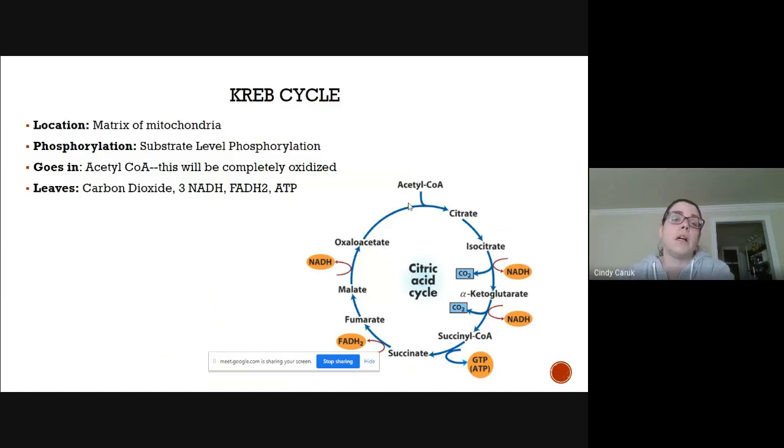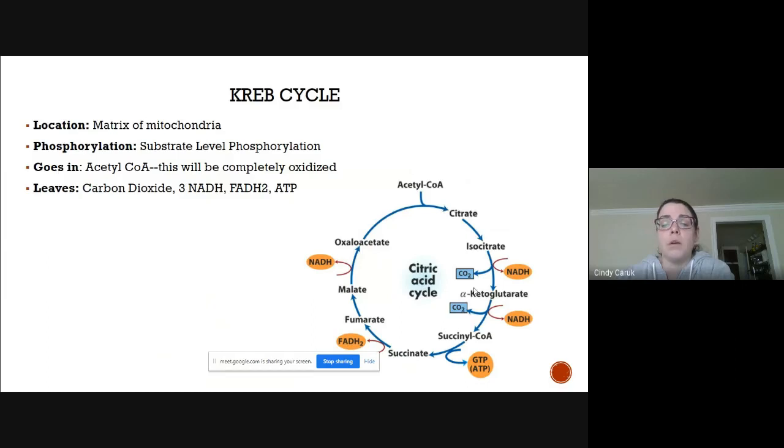It's going to be completely oxidized, meaning it's going to lose all its energy. The electrons are going to come off. It's going to become carbon dioxide. And so you get 2 carbon dioxides per acetyl-CoA. You would, of course, double this for glucose. You get 3 NADHs, an FADH2, and an ATP.